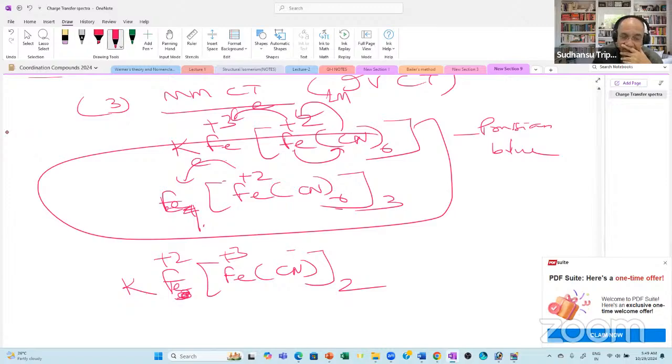Ferricyanide, 6. So this is 3. So to maintain charge, you may not give anything. KFe[Fe(CN)6]. Formula is the same, but this is called Turnbull's blue.